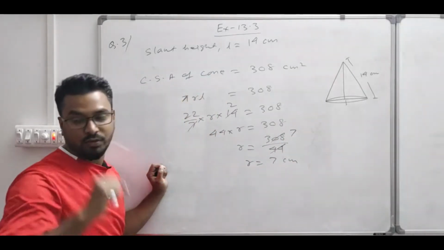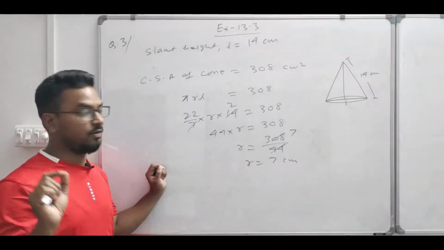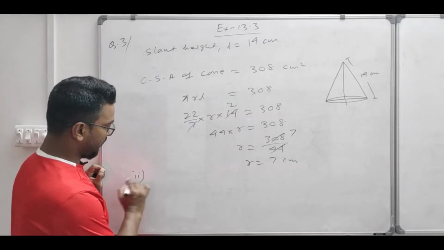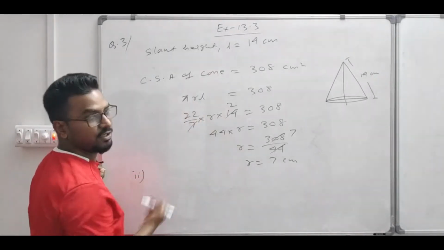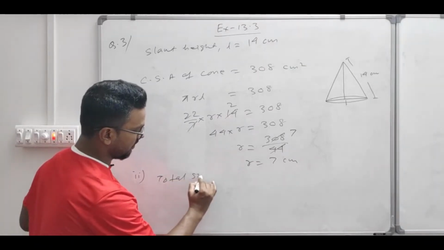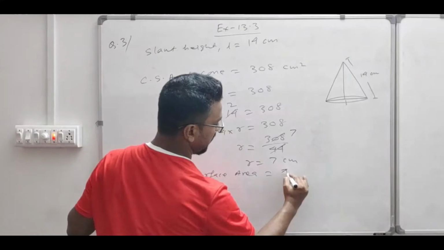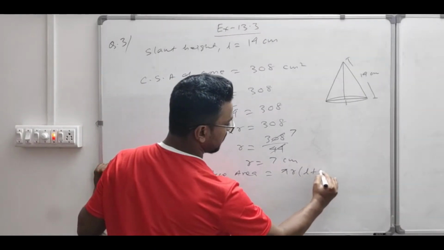Okay. Next, what we have to find? Here it is given to find the total surface area of the cone. So we already got the radius and the slant height, so we can find the total surface area. Total surface area is equal to pi r (l plus r).